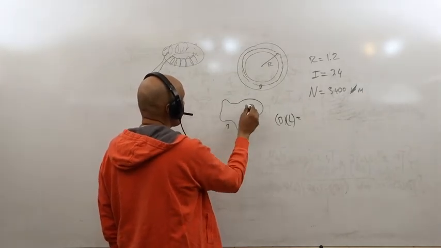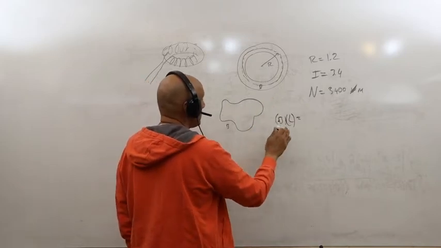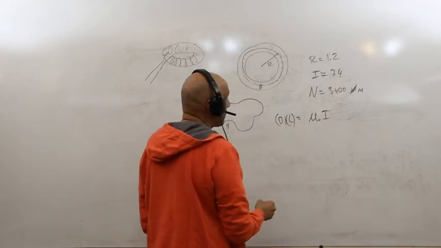There might be different points on the surface where current is puncturing right through that surface, delimited by this perimeter. So that's given by mu O times I, the current that punctures it.